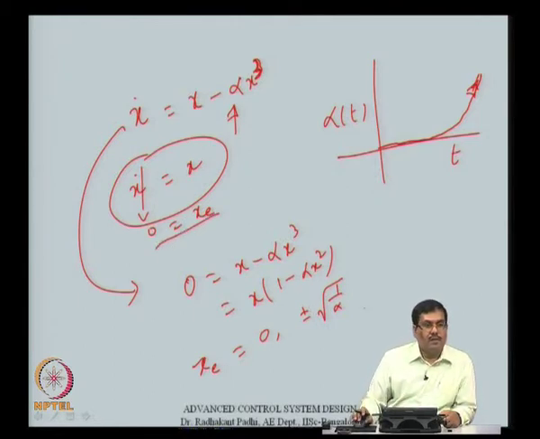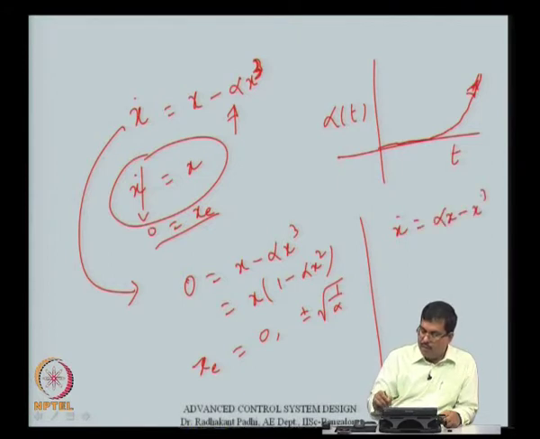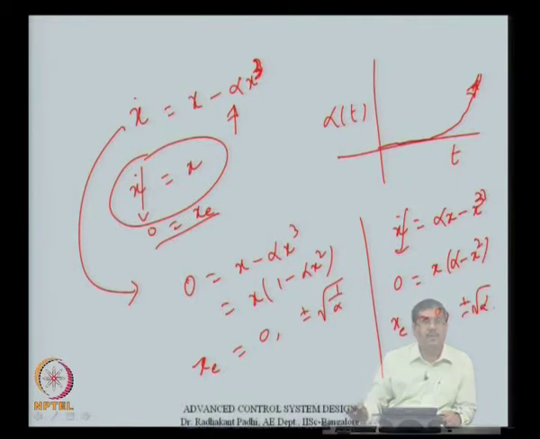In other words, suppose that is not the system. Let us say your system was something like x dot equal to alpha x minus x cubed, with the parameter being there. Then the equation will be 0 equal to x into alpha minus x square, and then your equilibrium points will be 0 and plus or minus square root of alpha, not 1 over alpha.